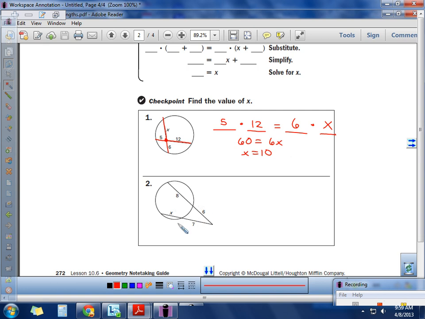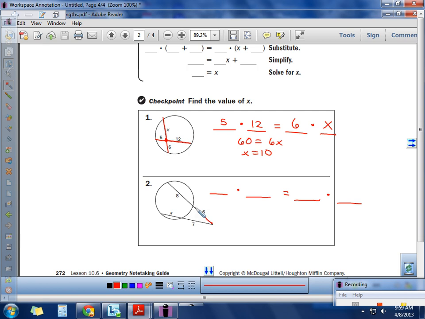Anytime they're inside like that, you only have one variable, it should be pretty straightforward. This one's definitely going to be more challenging because we have some external segments. Anytime you have external segments, you're going to have some addition. But it's still using the same basic formula. It's just a little longer. I like to do the top segment first, so I'll start here.